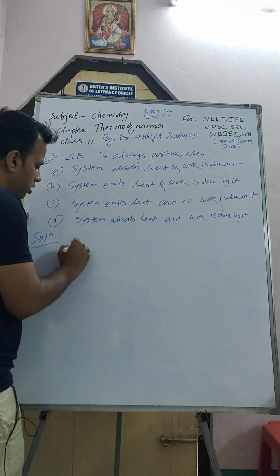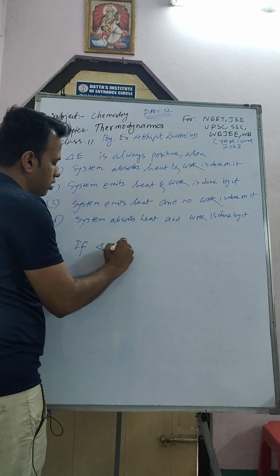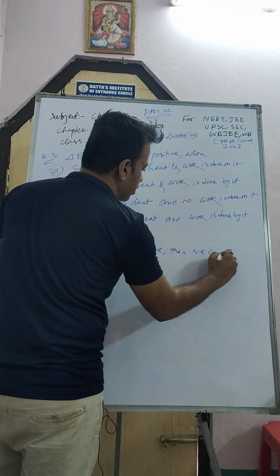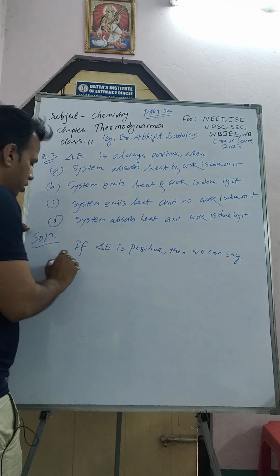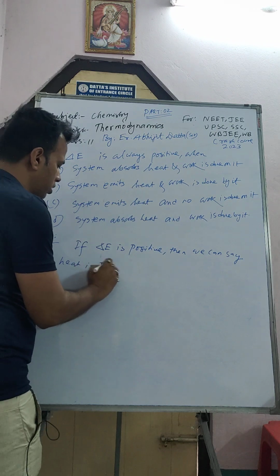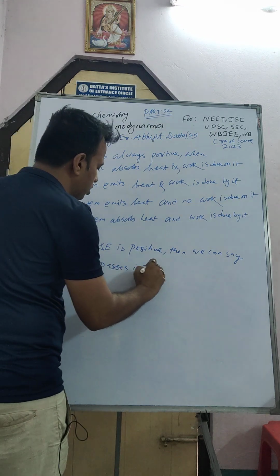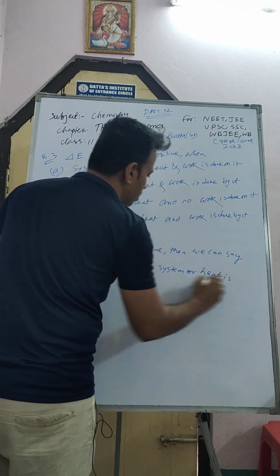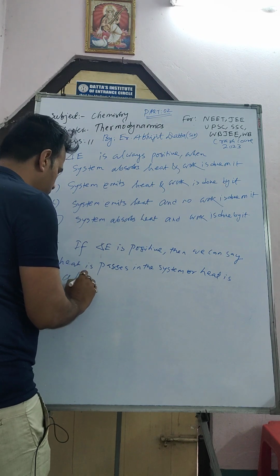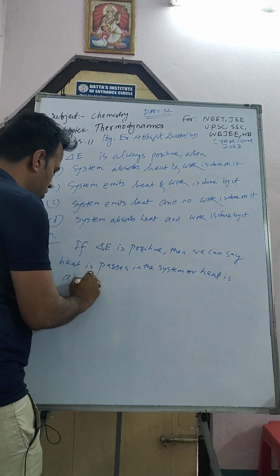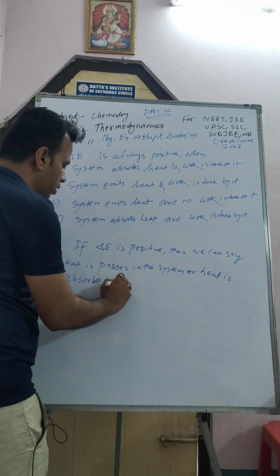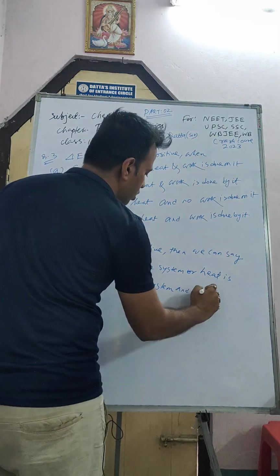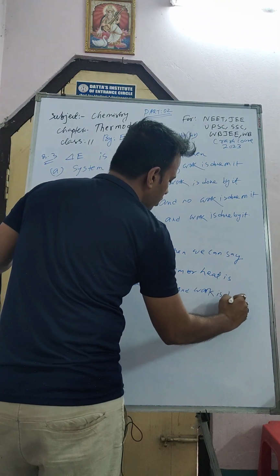Okay, so if delta E is positive, then we can say heat is passed into the system, or heat is absorbed by the system, and work is done on it.